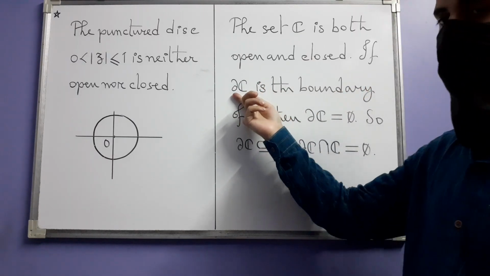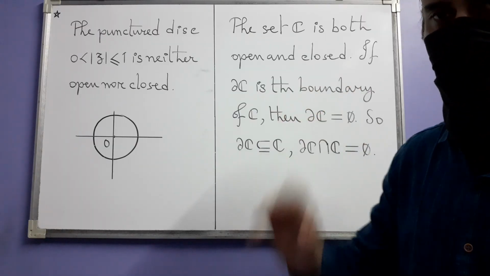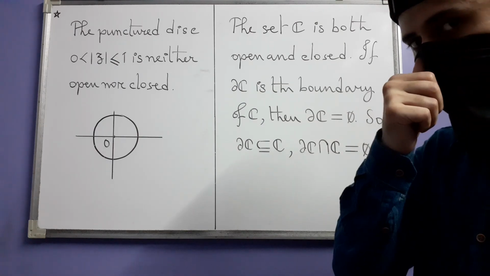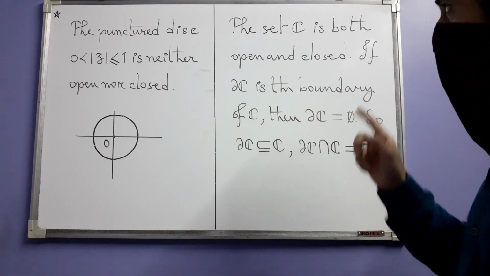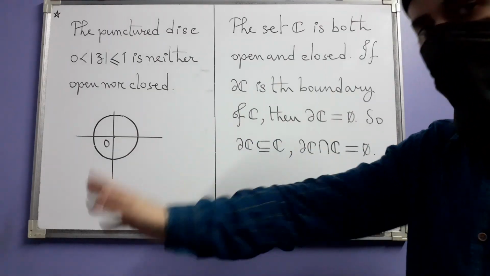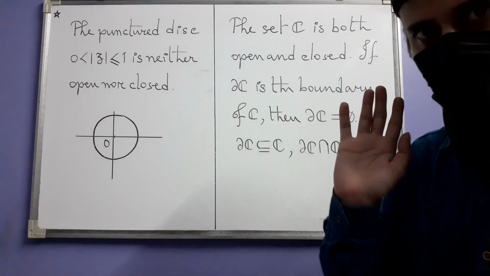If you want, you can just write set B, say B is the boundary of C. Then it is empty because there is no boundary point of C. Every point is an interior point of C. If the set itself is the entire C, then every point is an interior point, so there is no boundary point.